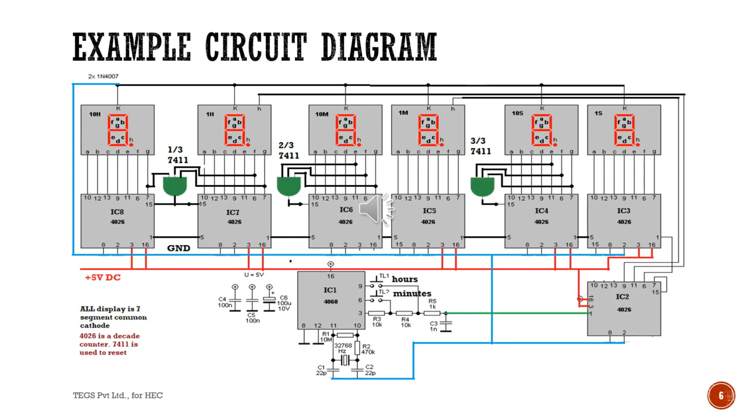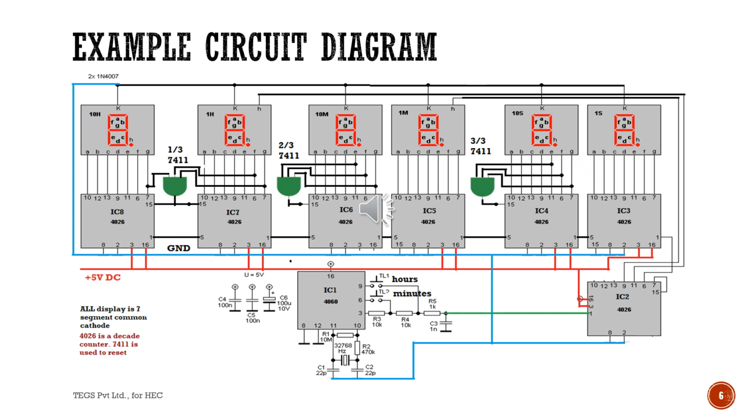The example circuit diagram of a CD4026 based digital clock. This circuit uses 4060 as a pulse generator. A 2 Hz pulse is slowed down by the 4026 IC, and 6 ICs are driving the clock: seconds, minutes, and hours.